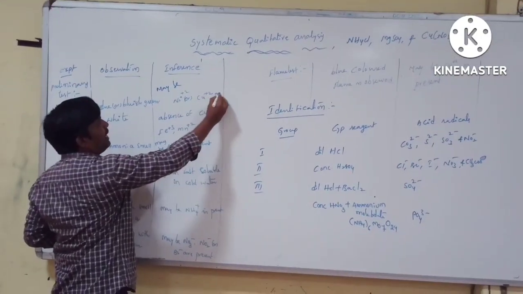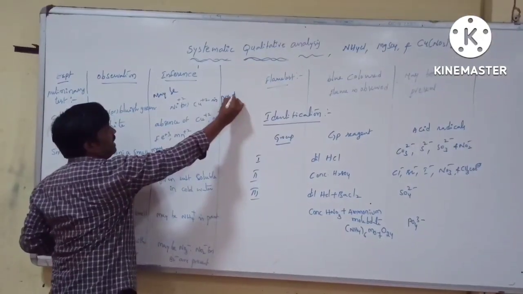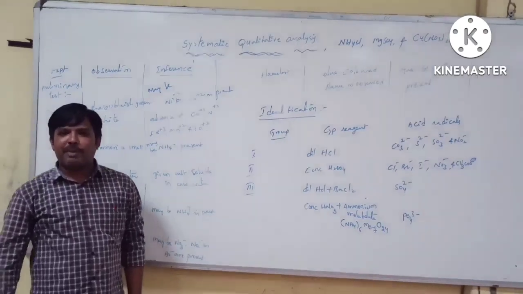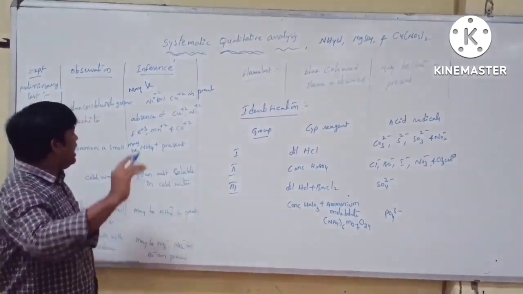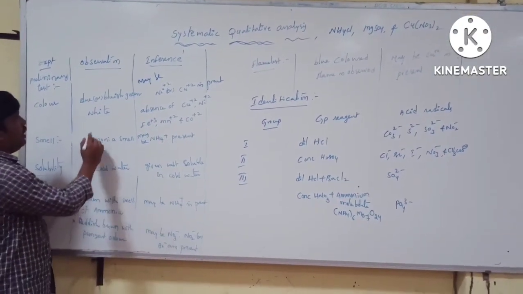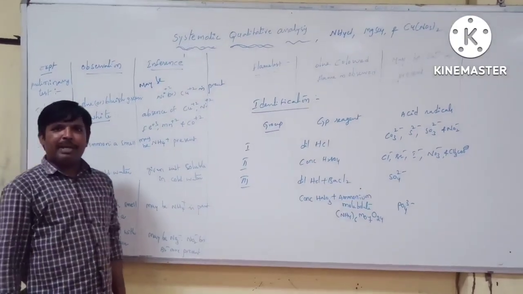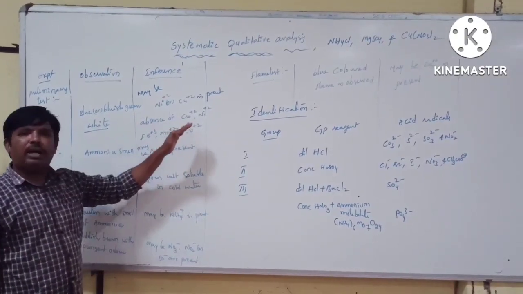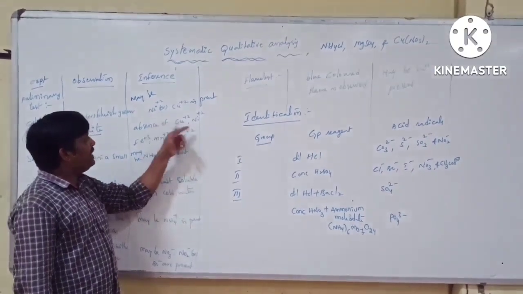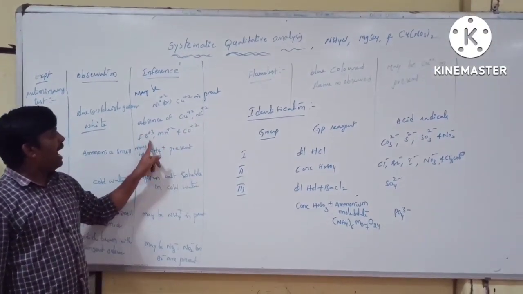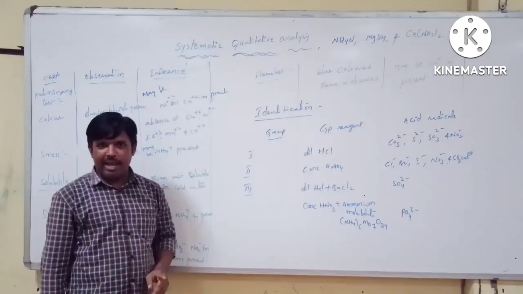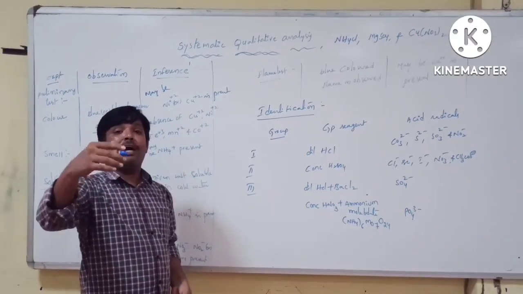Maybe nickel or copper is present అని క్లారిటీగా మనం రాయాలి. వైట్ ఇన్ కలర్ అంటే options of copper, nickel, iron, manganese, cobalt are present.